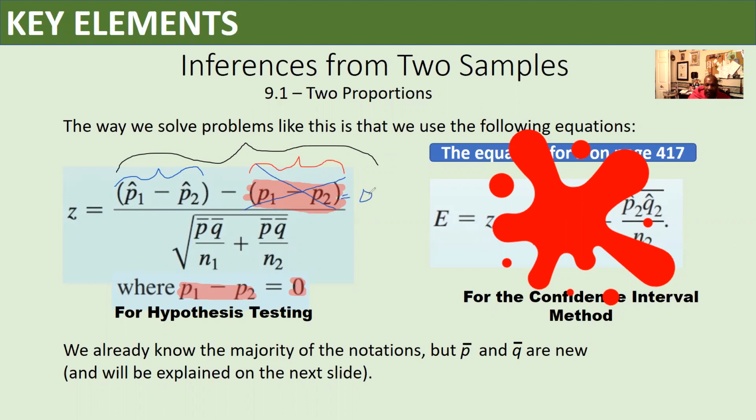We can write it out, but it makes the equation easier to digest when you realize you can just ignore that portion. I am not going to go into the confidence interval method. I think it's good enough for us to do hypothesis testing, so we're just going to stick to that approach.